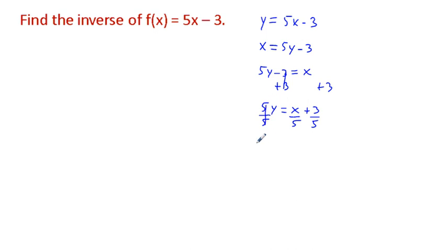So we have y equals 1/5 x plus 3/5. And the last thing we're going to do is write our inverse notation, f negative 1 of x is equal to 1/5 x plus 3/5.